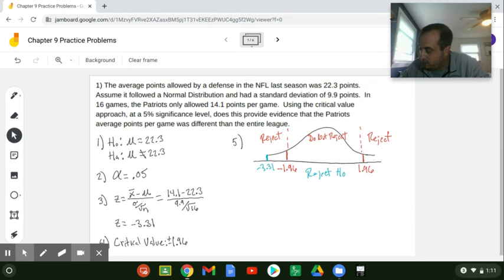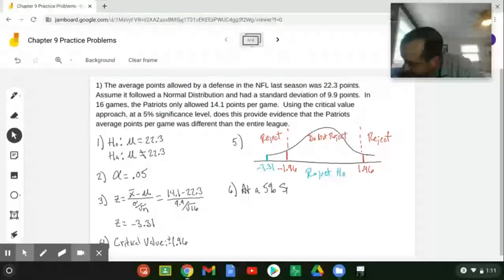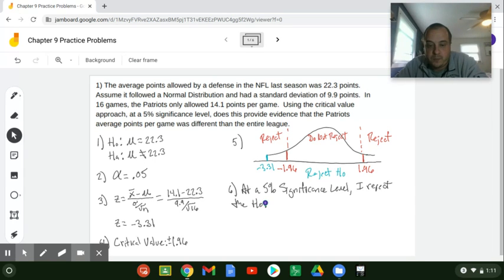And now we are going to write our conclusion. So at a 5% significance level, I reject the null hypothesis. If I'm rejecting the null hypothesis, that means the data do provide evidence.